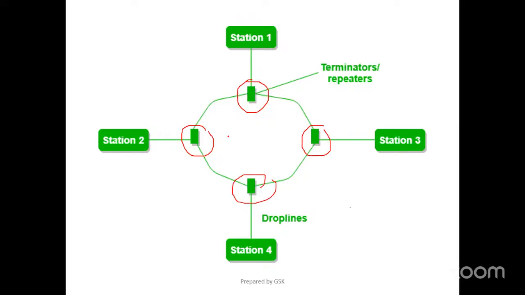Here, the network is connected in the form of a ring. That's why it is called ring topology. Two ends are connected to the device. And one device is connected with two devices: one to the previous system and one to the next system.